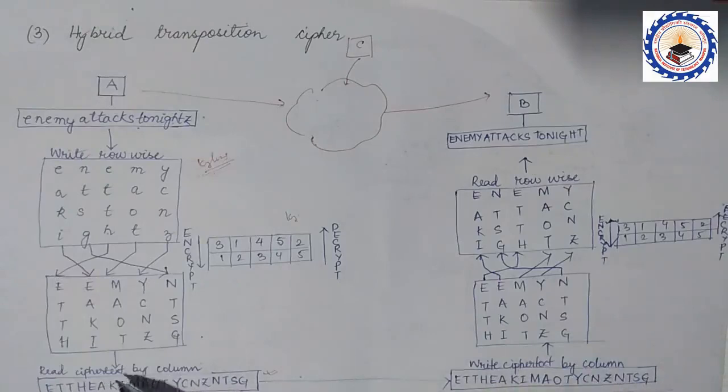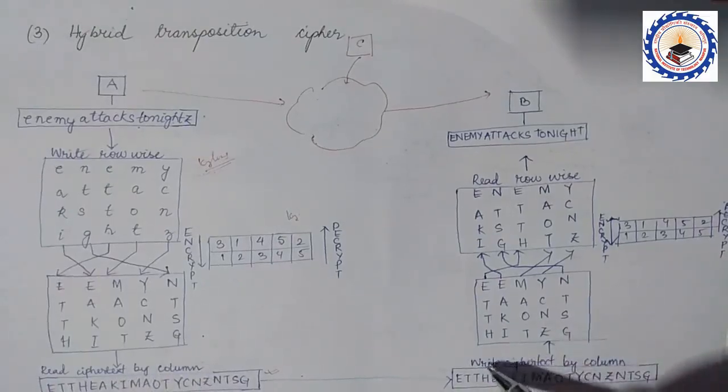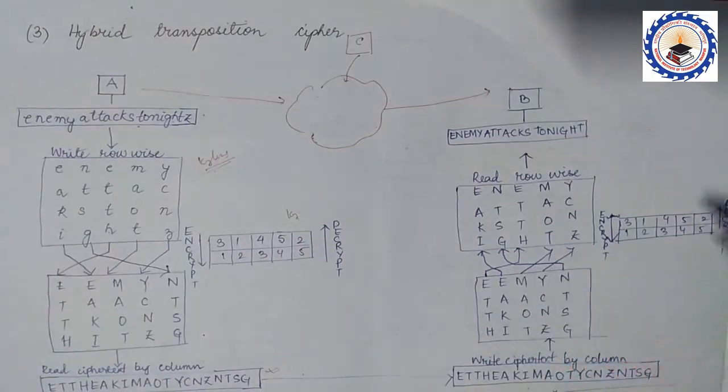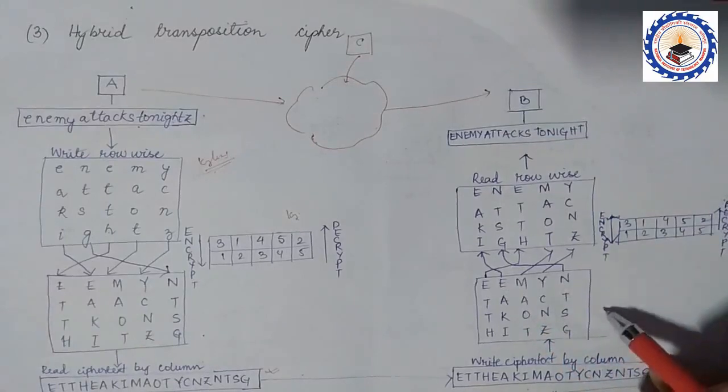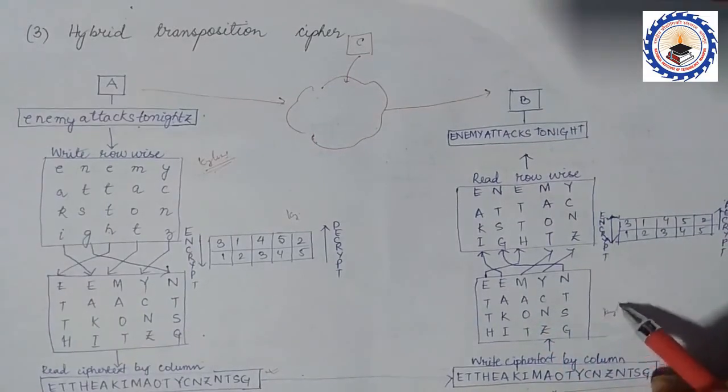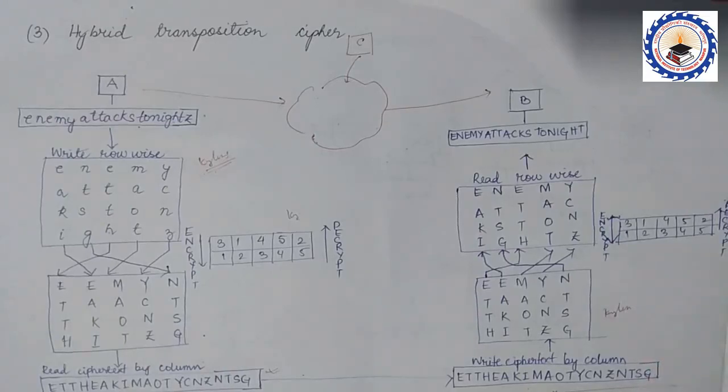I read them column wise, so I should write them column wise here. Writing and reading column wise and row wise are the concept of keyless transposition.